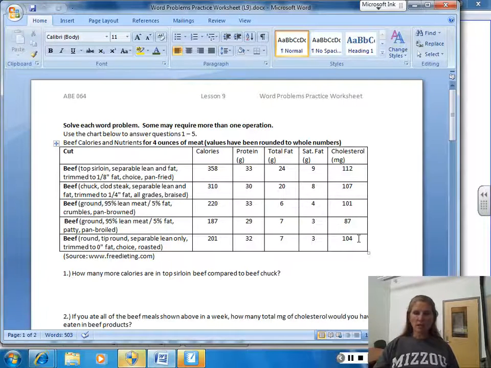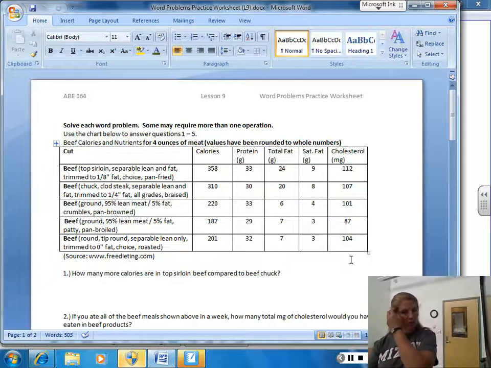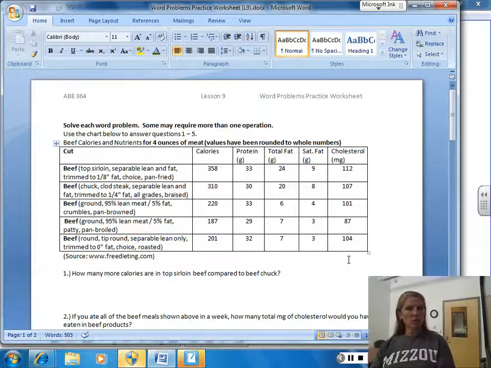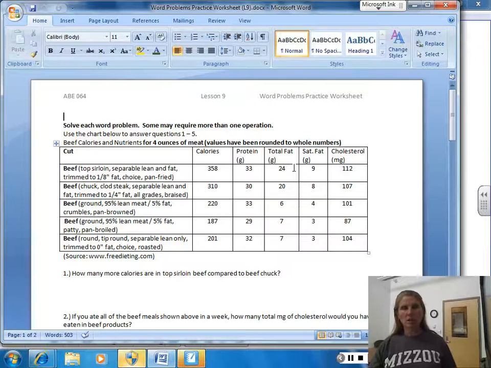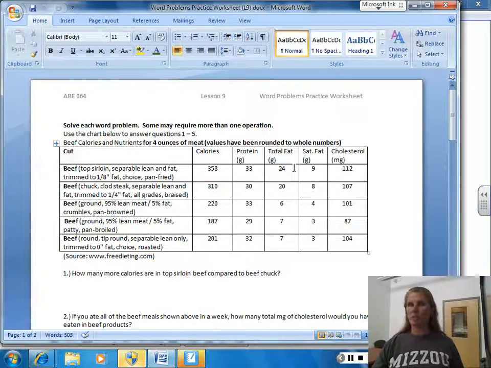If you ate all beef meals shown in a week, about how many total milligrams of cholesterol would you have eaten in beef products? That's your second question on the screen there. So let's say instead I ask you, what if you ate all 5 of these? What would be the total fat that you would have taken in from beef products that week? If I'm looking for a total of something, then what operation am I talking about?